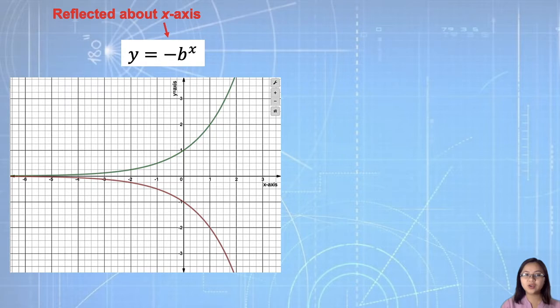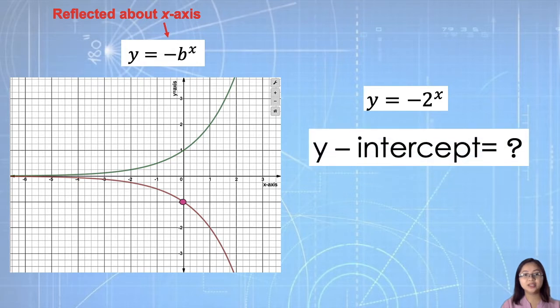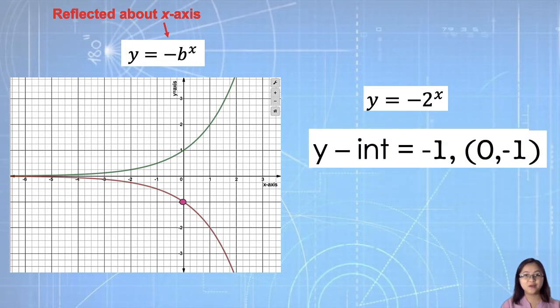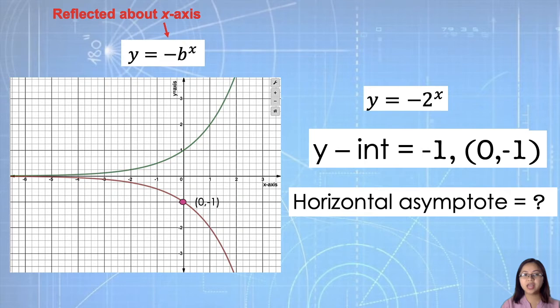So for that one, we could identify our y-intercept, which is at 0, negative 1. So the only difference is the sign. If the parent function has a y-intercept of 1, this one has negative 1. The horizontal asymptote here is just the same. We have y is equal to 0.